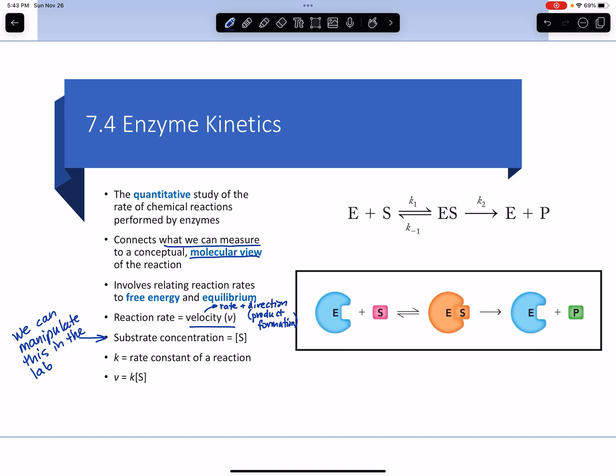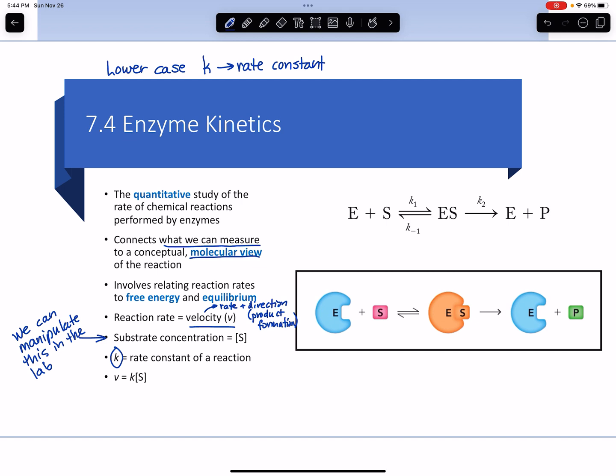Remember from Gen Chem that little k is a rate constant. So when we talk about enzyme kinetics, lowercase k is going to be a rate constant, anytime you see a lowercase k, no matter what the subscript is.